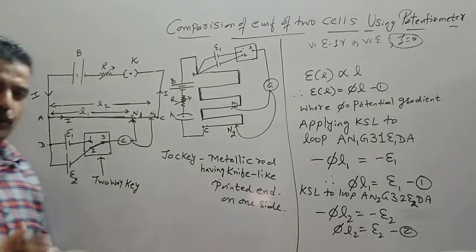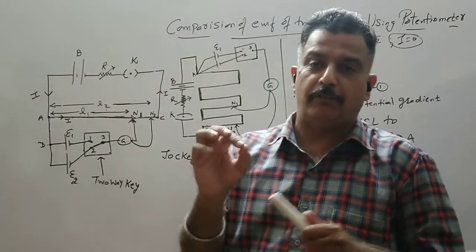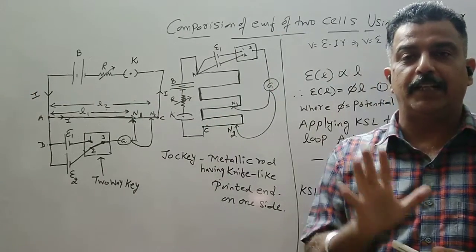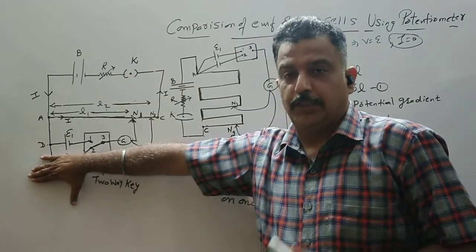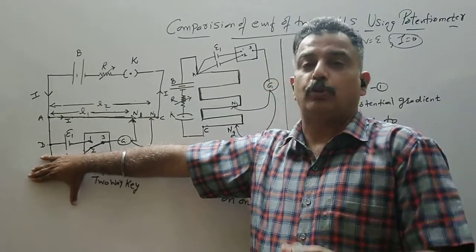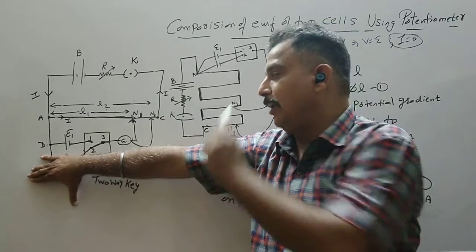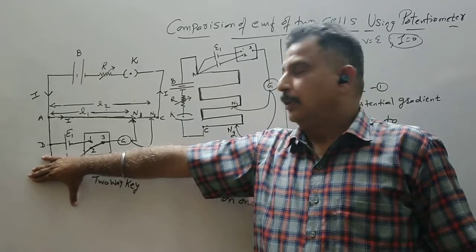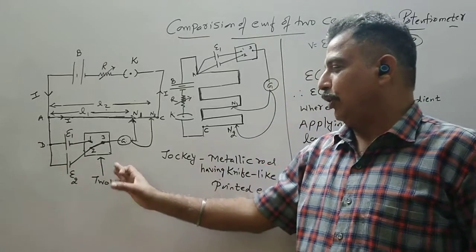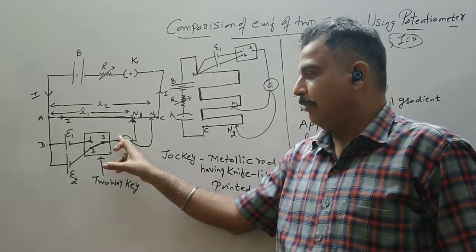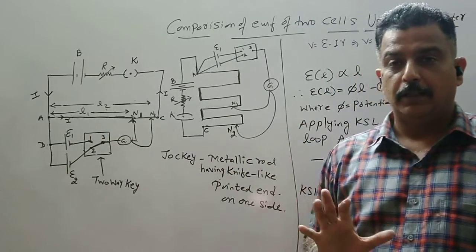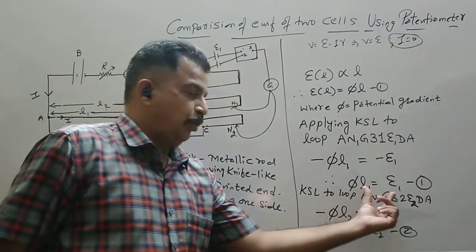Now if you want to find out the EMF of a single cell, there is no need to join E2 in the circuit. Suppose I want to find out the EMF of cell E1. I will not use the two-way key, I can directly connect a galvanometer from 1 to the negative terminal, and this will be your EMF.